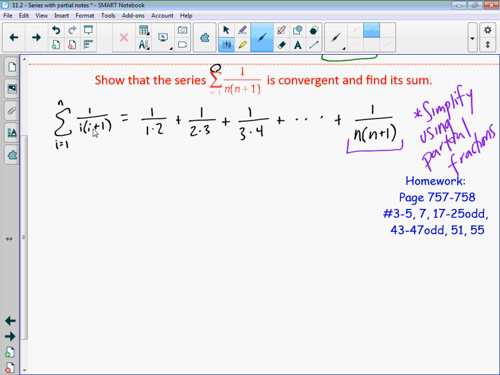So if I've got this part here, 1 over, it doesn't matter if you use the n's or the i's, I and I plus 1. We're just going to do a over I, and then b over I plus 1. So go ahead and do your partial fractions on that, and then you can compare with what I'm getting here.